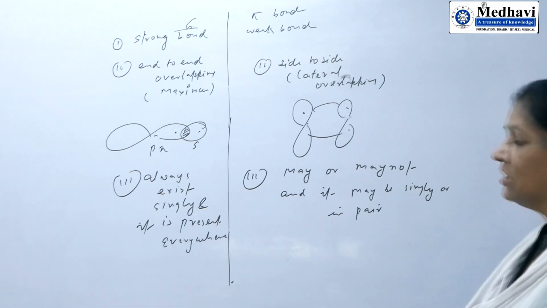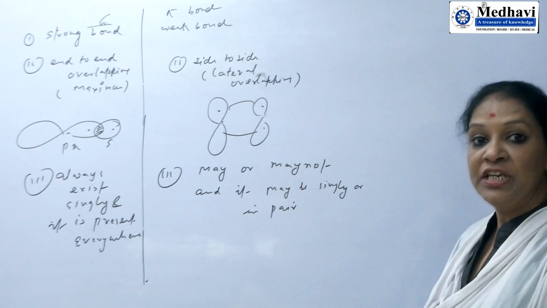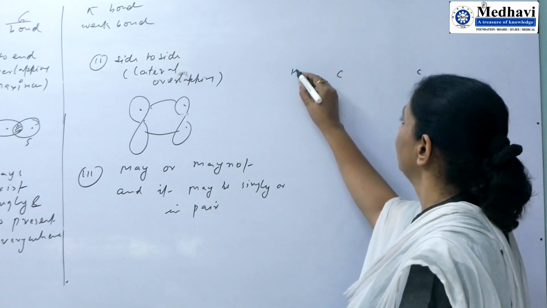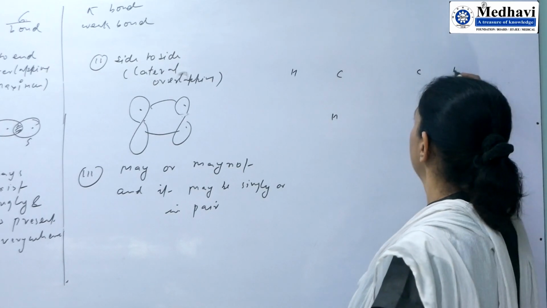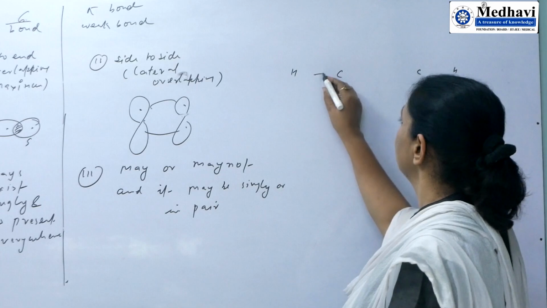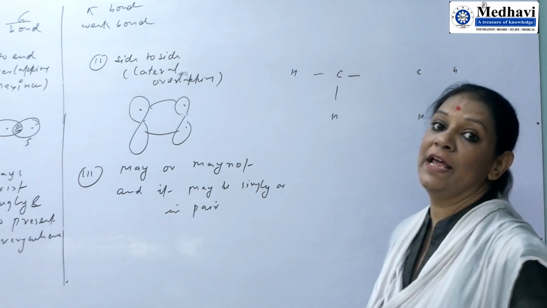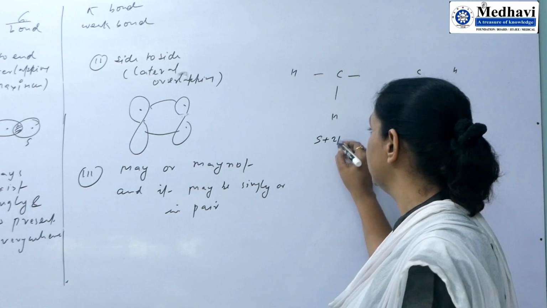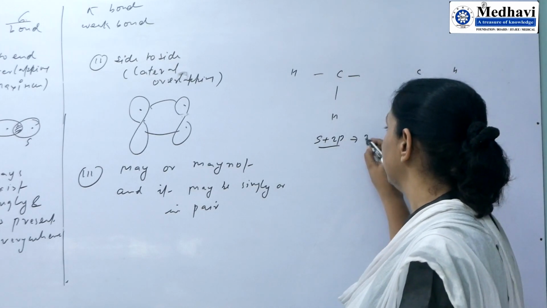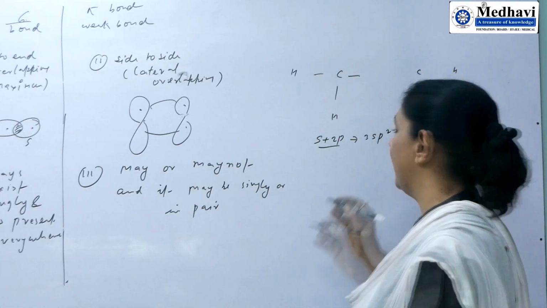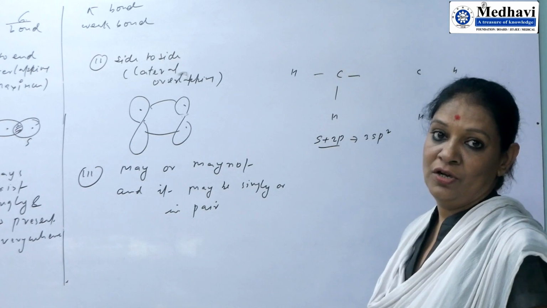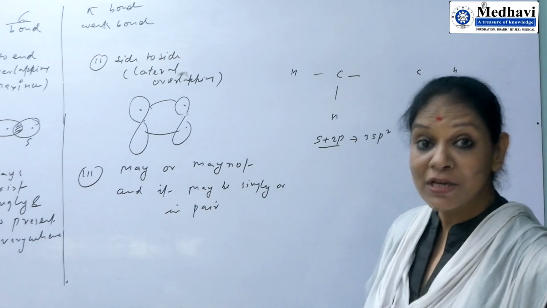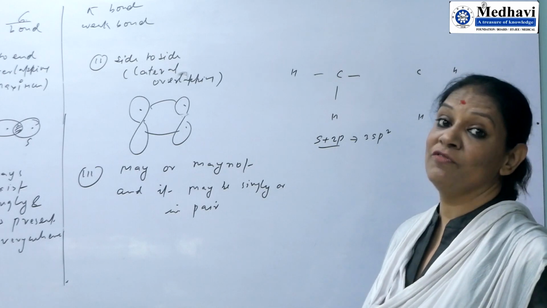So if you see the structure of C2H4, first I will say C2H4. See, here sp2 hybridization is used. That is, 1s and 2p orbitals are used to make 3 sp2 hybrid orbitals. So 1 p orbital remains unutilized, remains vacant.